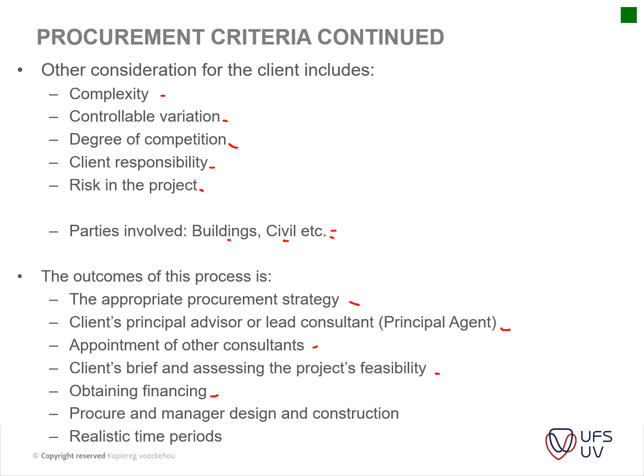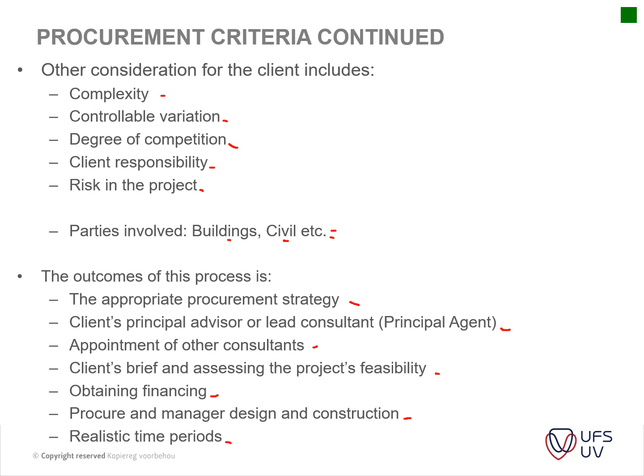Then you've got your procurement and management of design and construction. What type of process will it be? Will it be a public advertisement? Will it be a short list of contractors that will be invited to the project briefing or whatever? Then your realistic periods of the project completion. Usually if it's private developers, you want it done as quickly as possible to get the income as quickly as possible.